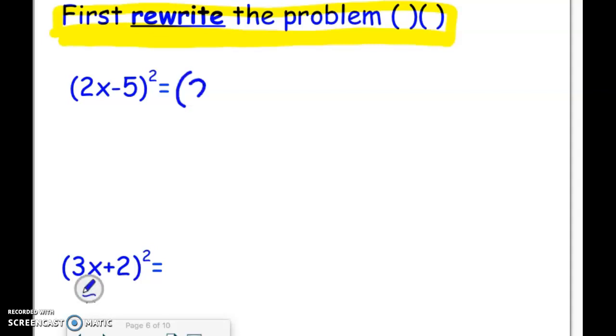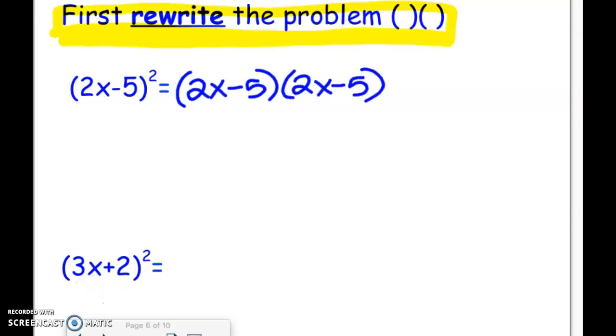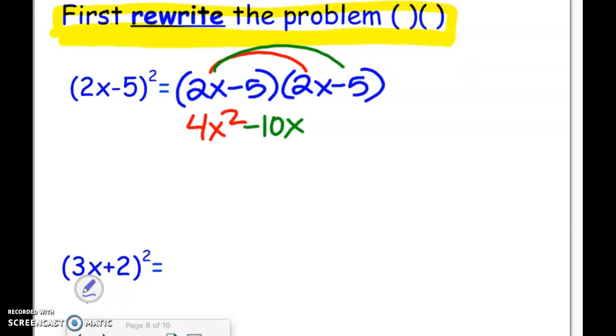So 2x subtract 5 squared is 2x subtract 5 times 2x subtract 5. If I go through now, I can do my first, outside, inside, last to make sure I'm not missing anything. 4x squared, outside minus 10x, inside another minus 10x, and my last is plus 25.